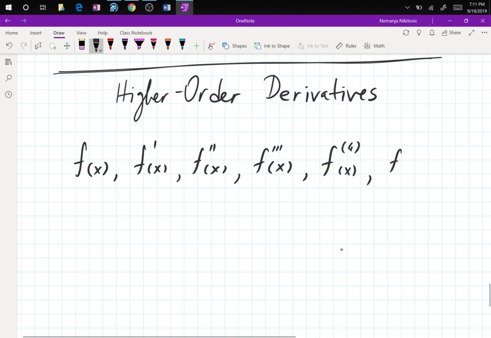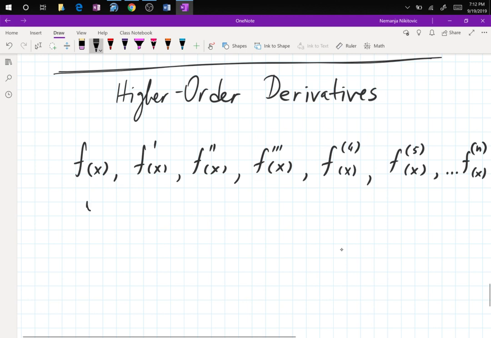And then the fifth derivative also in parentheses. Going on, dot dot dot, f to the n, the nth derivative, which maybe you need to go all the way to the 100th derivative for absolutely no application or reason whatsoever. But you can, right? And so on.